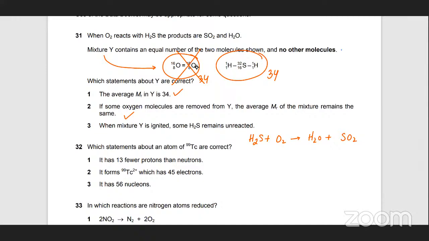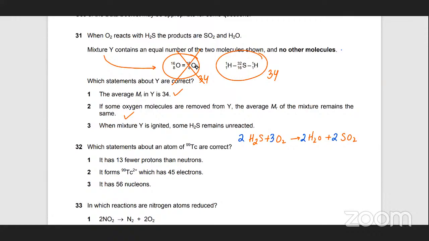The H and S are balanced. You can balance the oxygens. You have to double this: 2H2S, so that's 2H2O, and 2SO2. How many oxygens do you have? That's 2 plus 4, that's 6. So there's going to be 3O2, right?